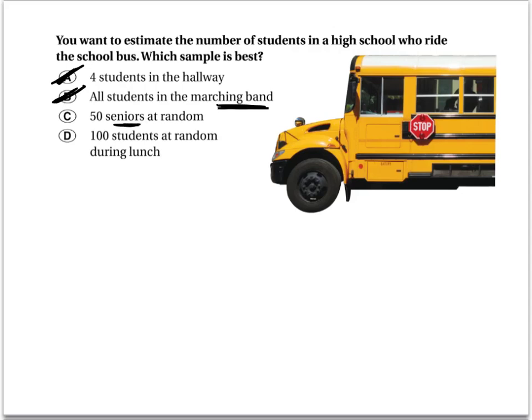Again, that's just seniors. You want a sample of a basic group of students. That doesn't make sense. Obviously, that leaves us with D, 100 students at random during lunch. Well, it's a random group, it's 100, and obviously they're picked out of the lunchroom, so that is your best example of a sample group of students.